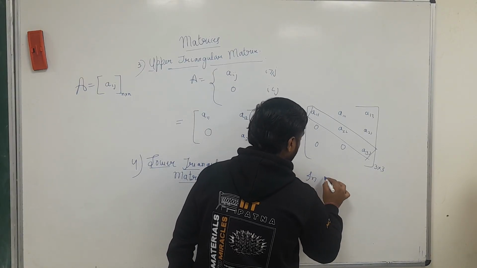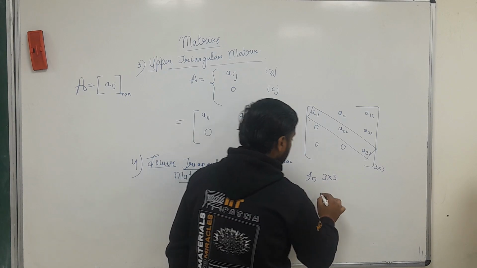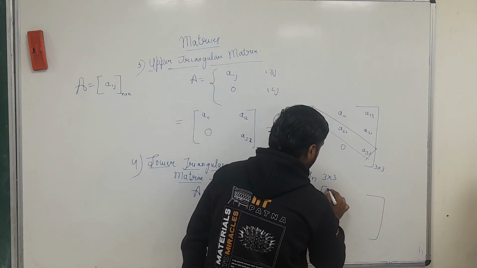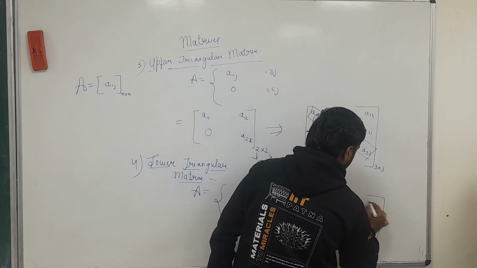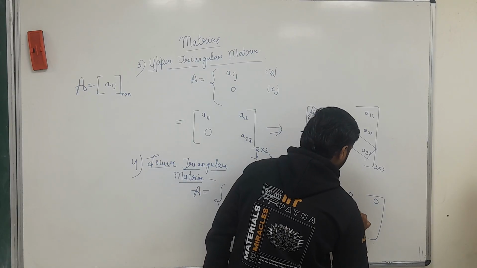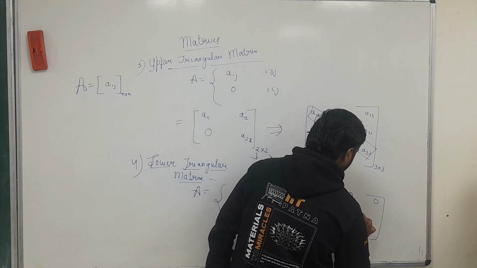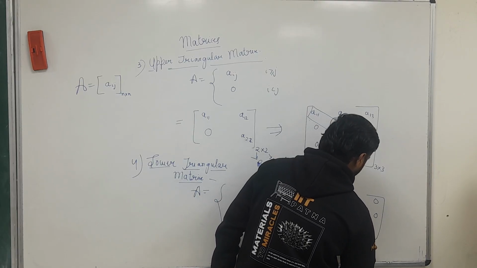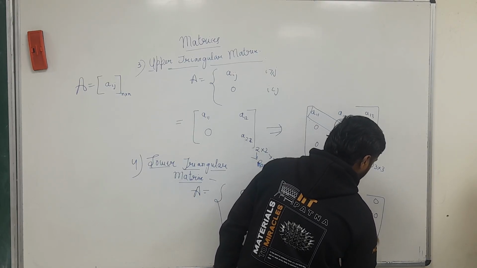in a 3 cross 3 matrix, the entries a11, 0, 0, a21, a22, 0, a31, a32, a33.